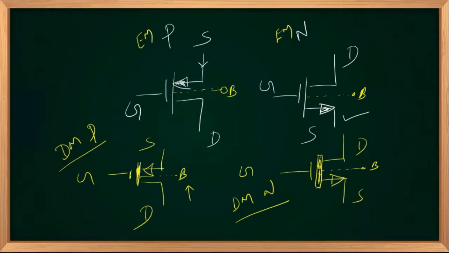Usually body and source are connected together. Right, so it's actually a 4-terminal device, but we are dealing only with 3 terminals: source, drain, and gate.